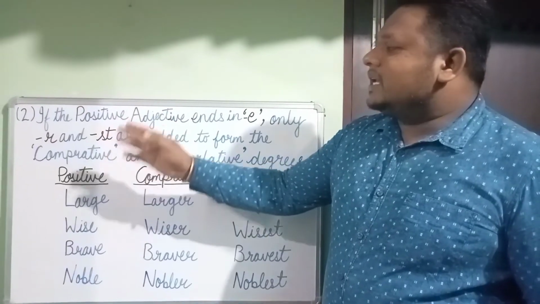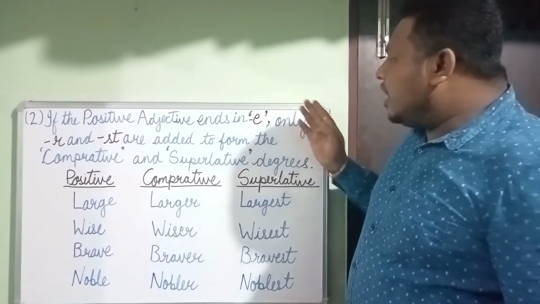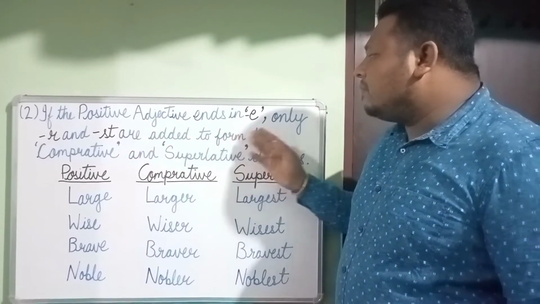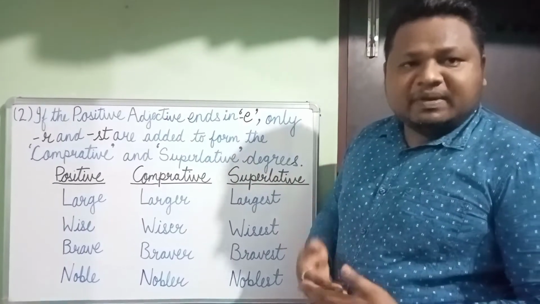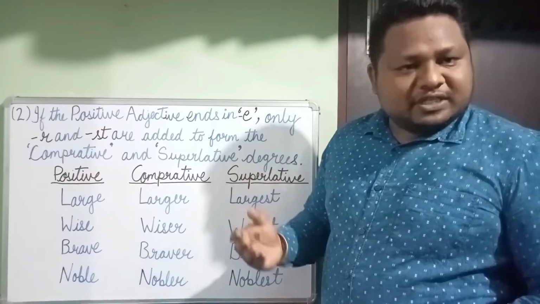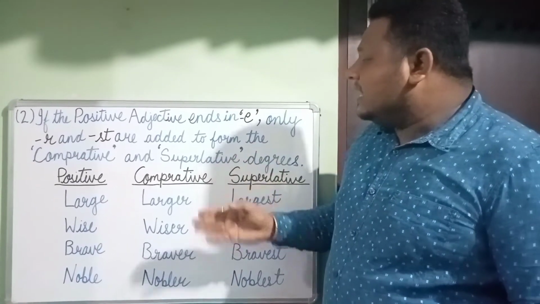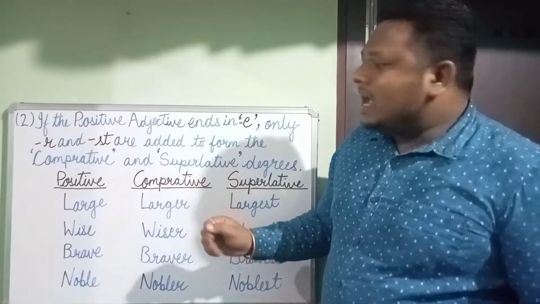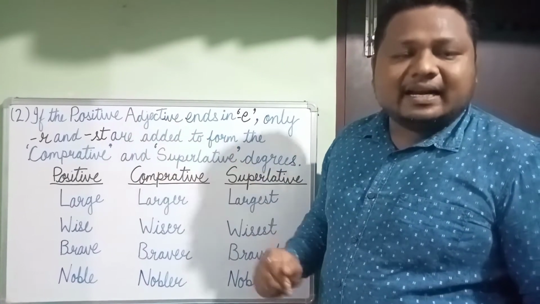Rule number 2. If the positive adjective ends in E, only R and ST are added to form the comparative or superlative degree. It means if the positive adjective is ending in E, then for making the comparative we have to add R at the end, and for making superlative we have to add ST at the end.